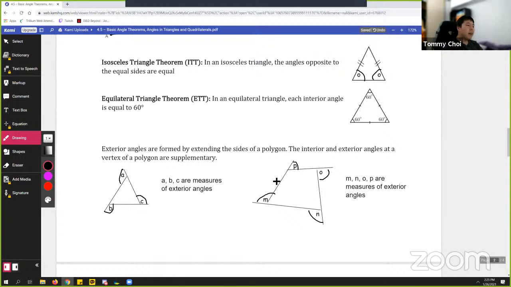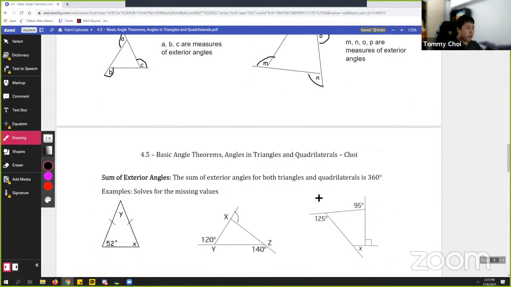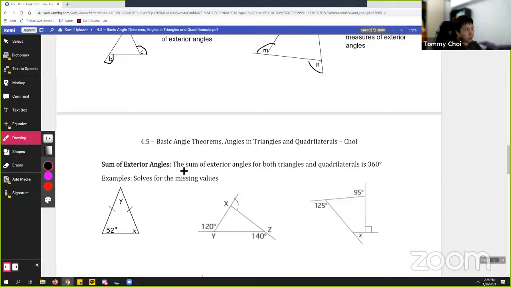What really matters and what's really important about exterior angles is this theorem, the sum of exterior angles. If you add up all the exterior angles, for both triangles and quadrilaterals, it will always be 360 degrees, no matter what. It doesn't matter.